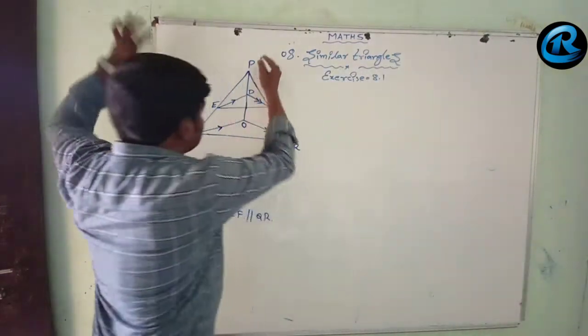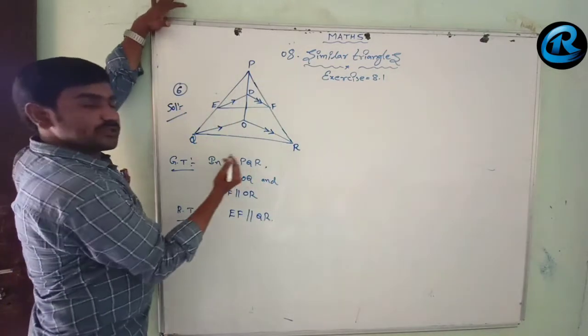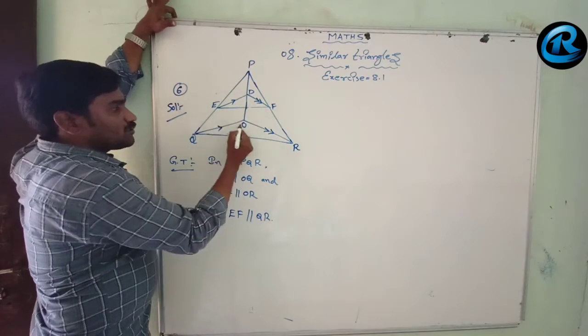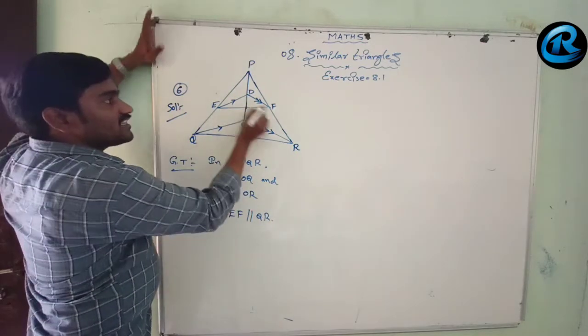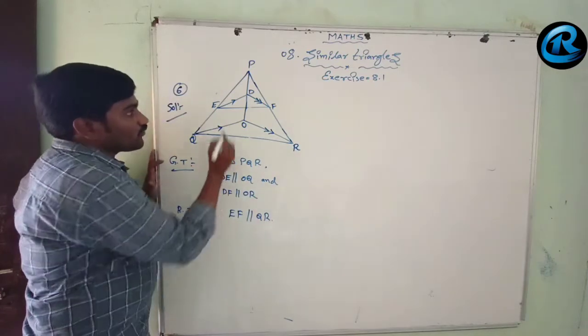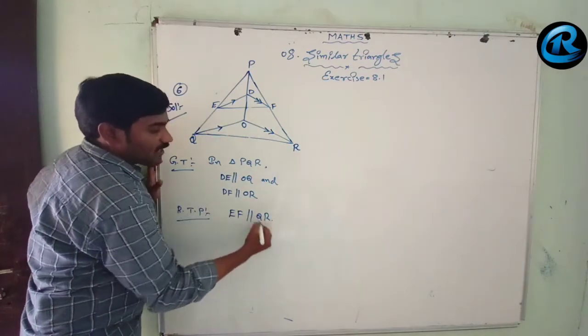What is given in this triangle PQR is that DE is parallel to PQ and DF is parallel to PR. We need to prove that EF is parallel to QR.